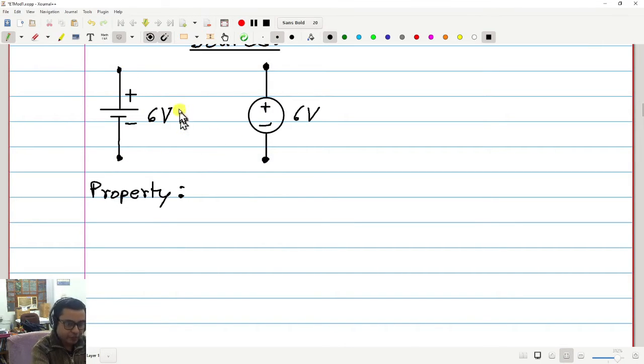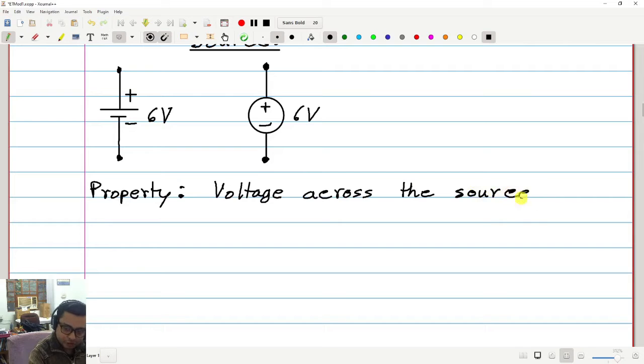That is always given by the value of the source. So the voltage or potential difference across the source, or between the two terminals of the source, is always given by the value of the source.